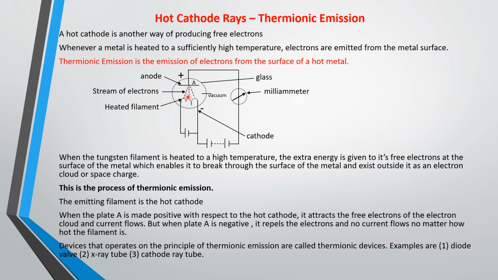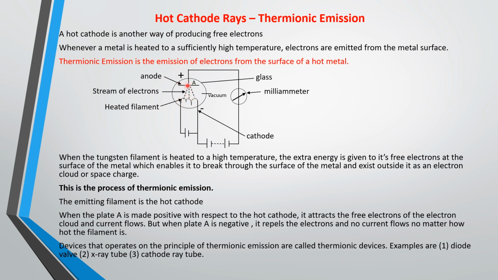Okay, so this is the process of thermionic emission. The emitting filament is the hot cathode. So when this plate is made positive with respect to the cathode, the electrons will be attracted to the plate.